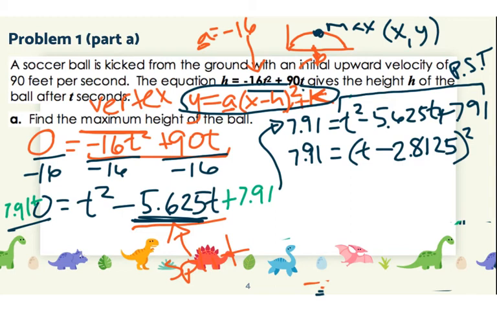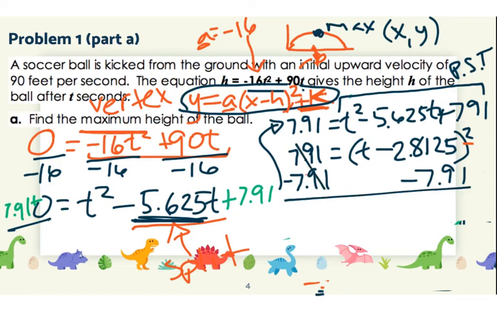All right, so here I've got the x minus h part. I've got the squared part. Now I want to move this k value, the one by itself, over to the other side. So I'm going to just do that by subtracting 7.91 on both sides.